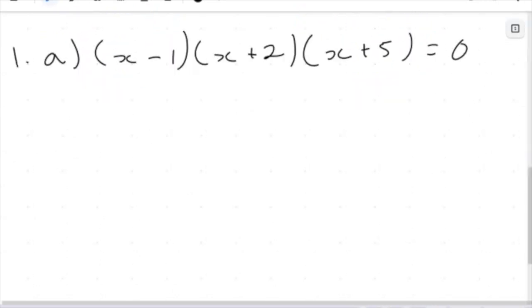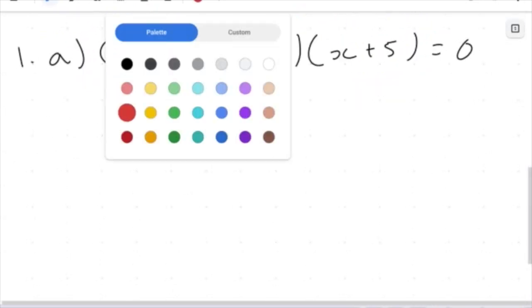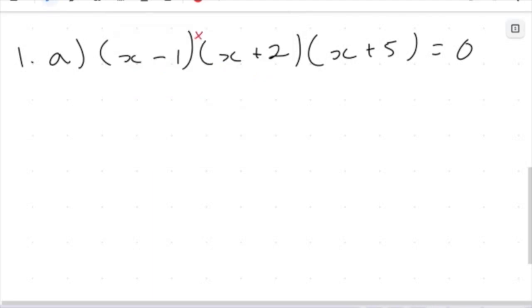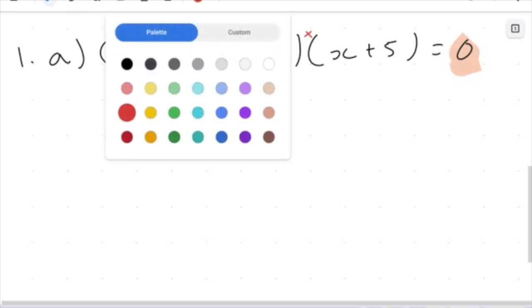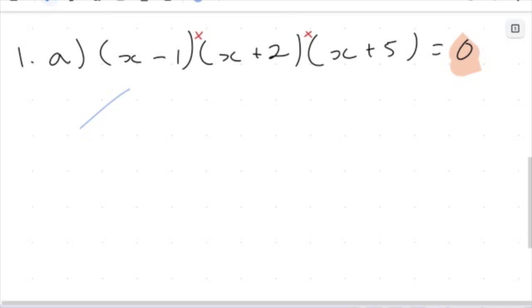Now, the same principle still applies as the example I gave above. We're still multiplying each of these three. That's the hidden operation here. Once again, the answer on the right-hand side is equal to 0. So the only way that we can get 0 on the right-hand side is for one of these to be 0, because remember, we're multiplying.